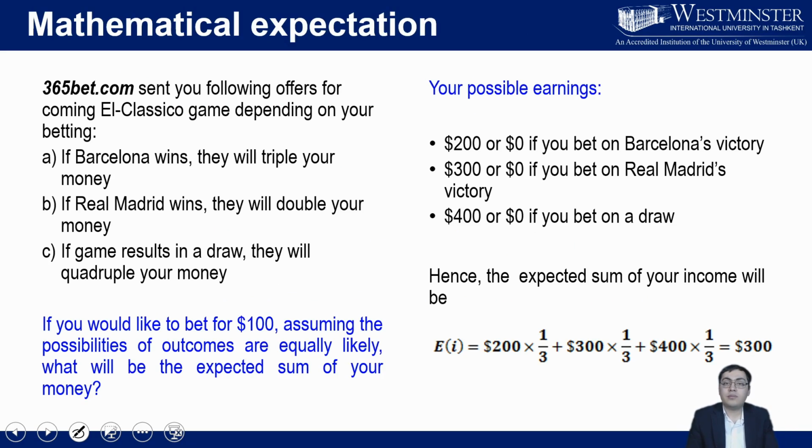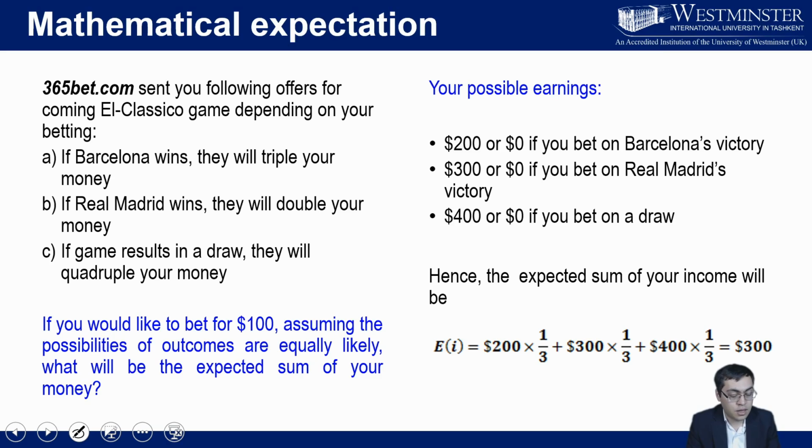Finally, let's talk about mathematical expectation. So for example, let's say this website has sent us the following offers for the coming El Clasico game, depending on who you bet. If you bet that Barcelona wins, they will triple your money. If you bet that Real Madrid wins, for example, they will double your money.